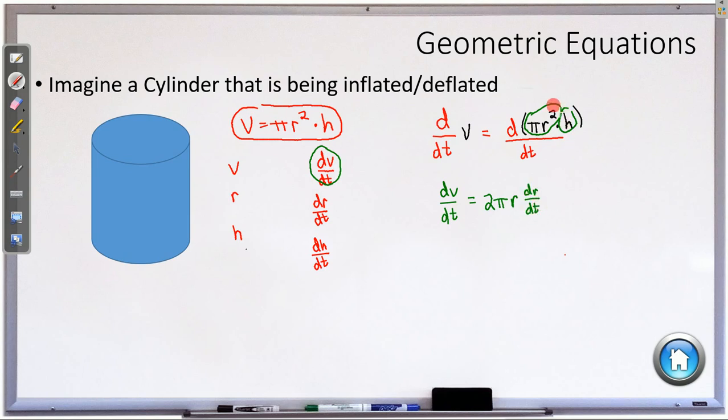So we took the derivative of the first, and the product rule says now I have to multiply by the second, which is h. No derivative for that second, remember. Plus the derivative of the second. So what is the derivative of h? Well, that's 1, but the variables don't match, so we add a dh/dt times the first, which is pi r squared.